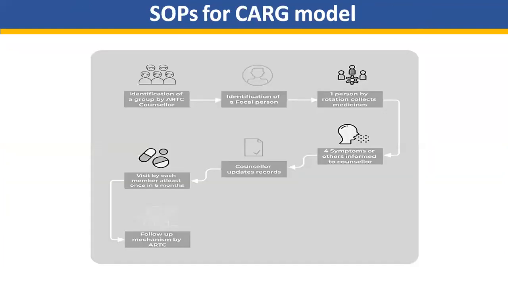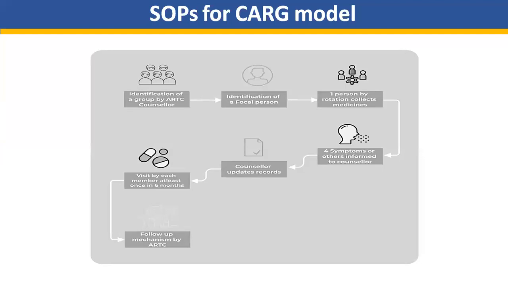Now, the CARG model: identification of a group by the ART counselor, identification of a focal person. One person by rotation collects the medicine. It's not that only one person is coming at every visit. If there is a group comprising 10 members, one member comes at every visit for the rest 9.